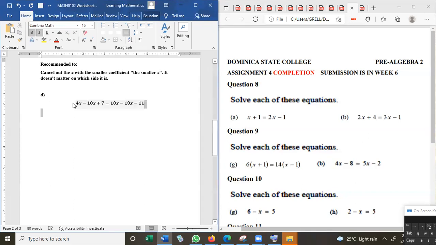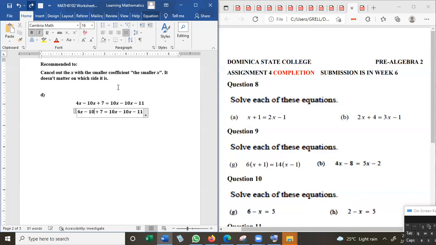This is what the recommendation is for, to avoid having to work with a negative coefficient, because along the way you may forget that negative sign and it may make you end up with a wrong answer. So to avoid having to carry a negative sign all the time, like an extra load, it is recommended to cancel out the smaller x. So that is the purpose for that recommendation.